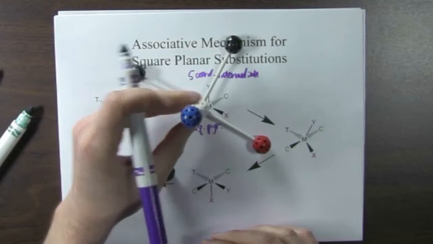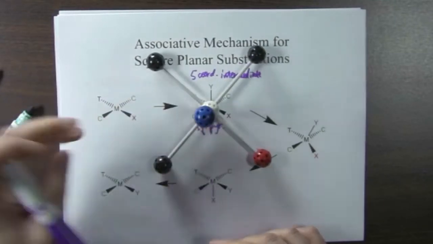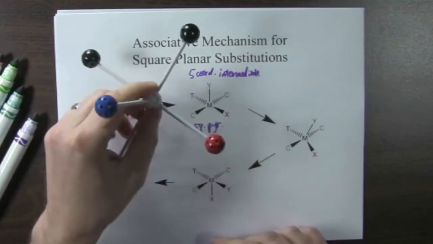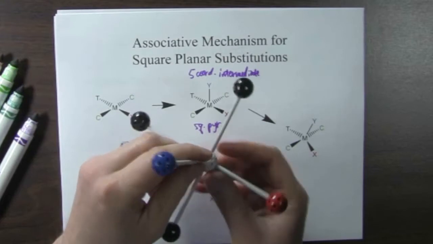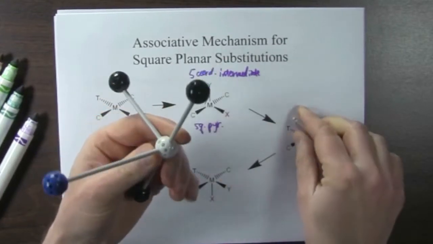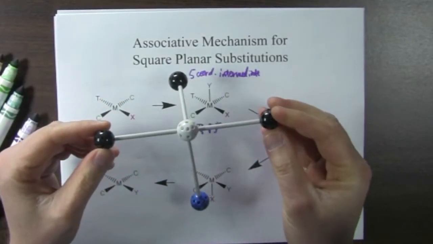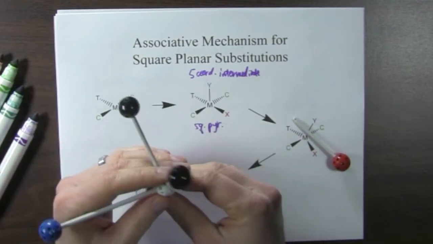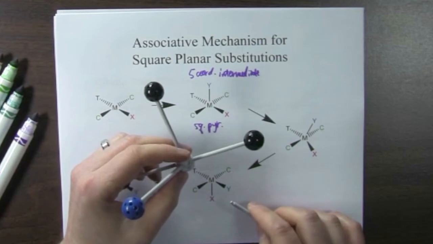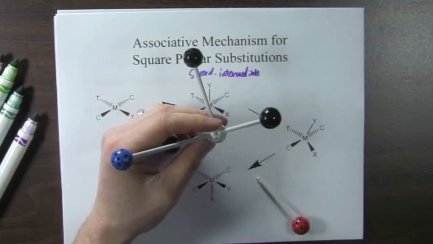And before we said, oh, the geometry doesn't change much, but in this case the geometry has to change to get the product, or else, well, I guess it doesn't have to change. We could lose the leaving group and get this seesaw geometry. But actually what has been observed is that the intermediate forms a square pyramid.